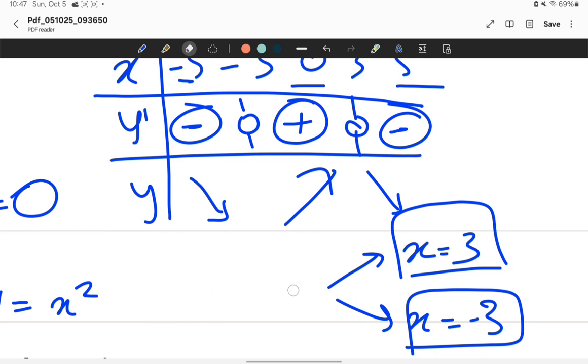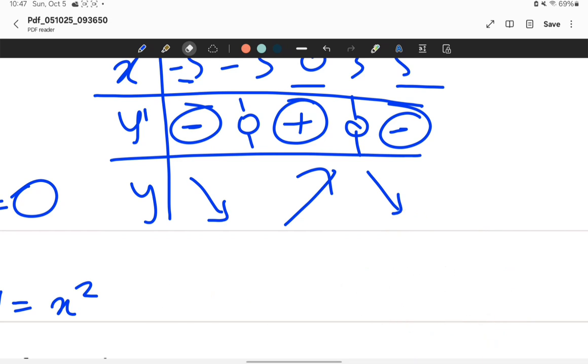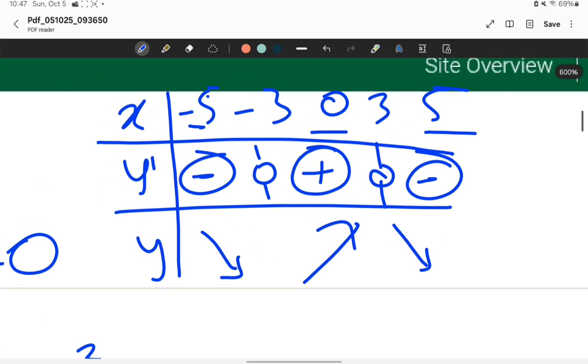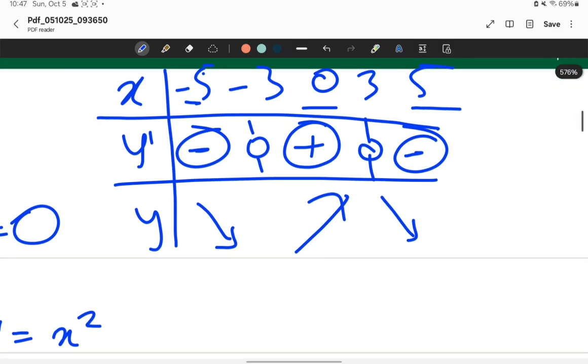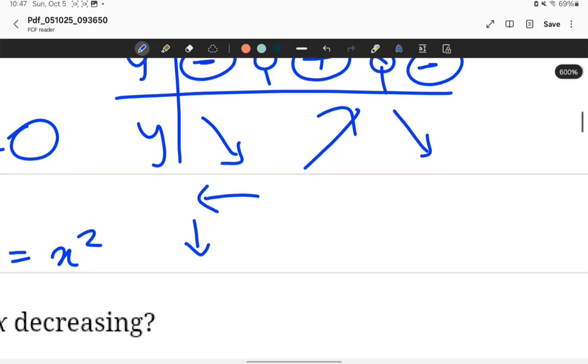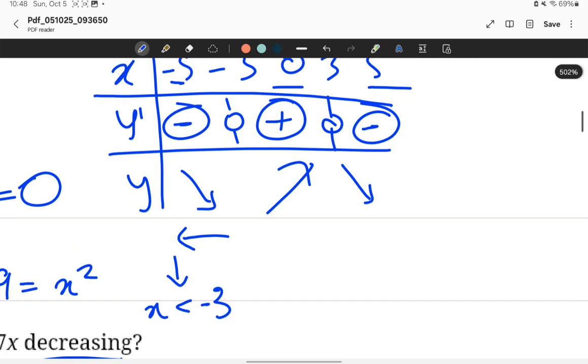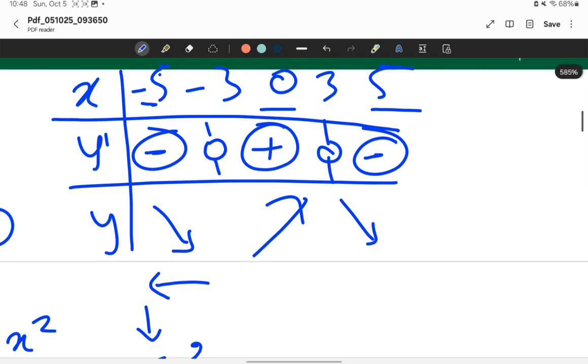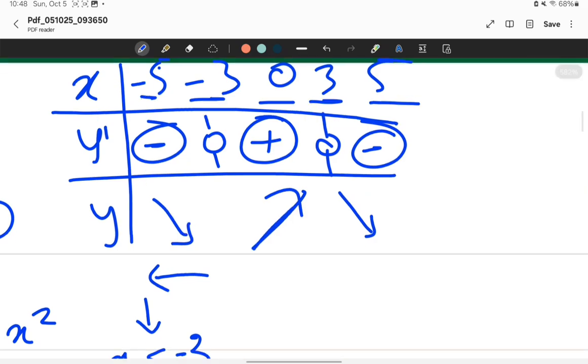I'm going to clear up the space here. Okay, so now we have our table, and what this means is that for any value that's less than minus 3, our graph is going to be going down, right? So that means it's decreasing for x less than minus 3, and for the middle part here, it's going to be increasing in between minus 3 and positive 3.